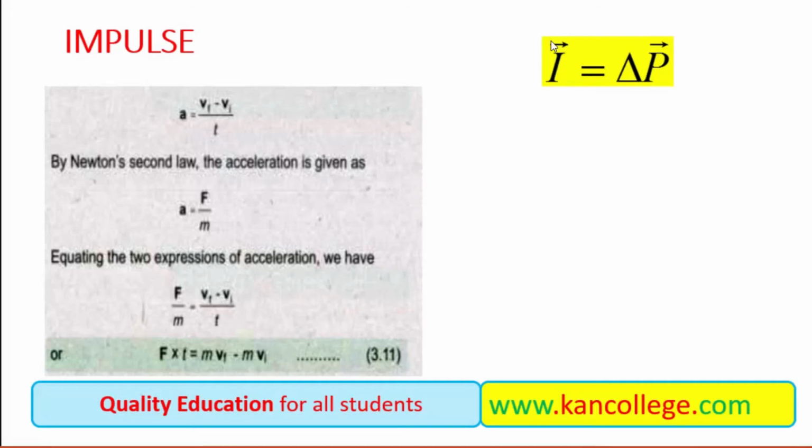So, in the future, students, you will say that the product of force into time is equal to change in momentum, and the product of force and time is named as impulse. If I say impulse is equal to change in momentum, then it's correct.